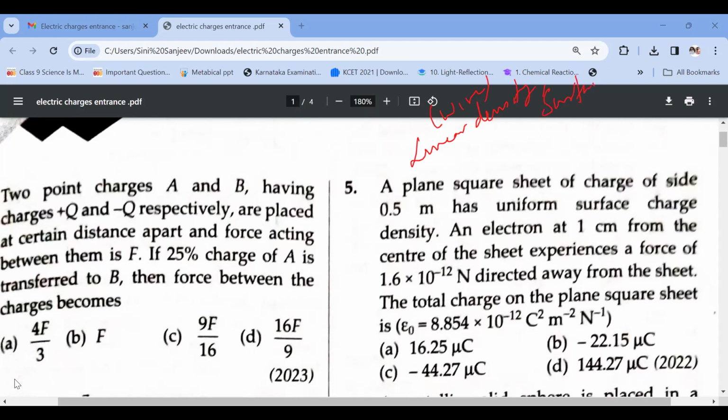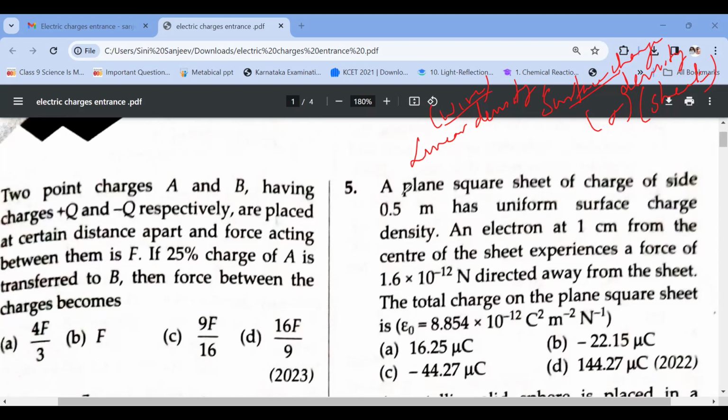Then surface charge density, that is nothing but sigma, that is for a sheet. So the third one is volume charge density. For the entrance point of view, normally they ask linear density or surface charge density. Volume density they have never asked or they will not ask. That I can tell you, for KCET and COMEDK.